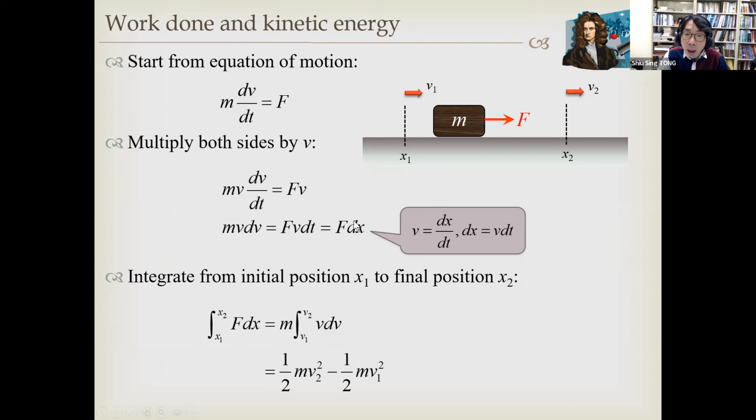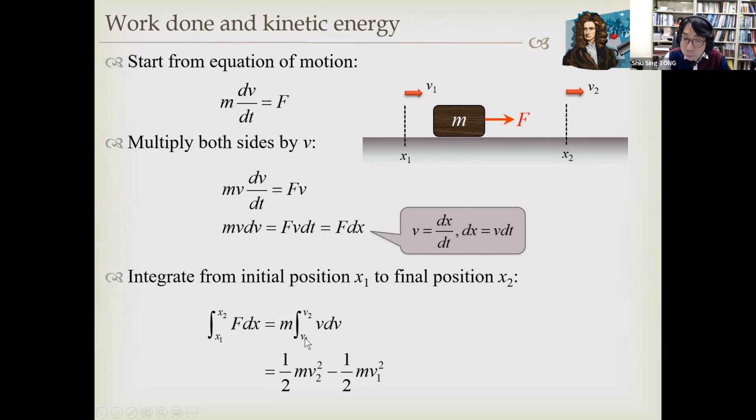So naturally, we will try to integrate it because we would like to know the total work done by the force from the initial position x1 to the final position x2. So we integrate the force over the displacement from x1 to x2. And correspondingly, the integration on the other side will be integrating the velocity, right? Because that side only consists of the factors that involve the velocity.